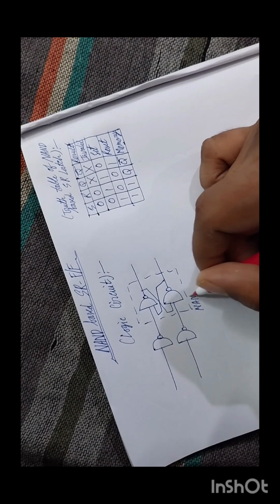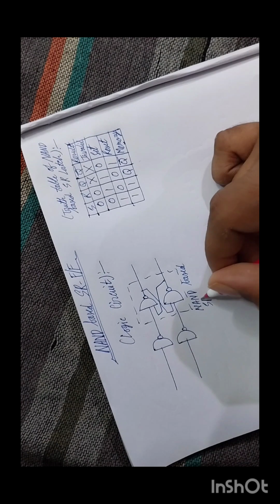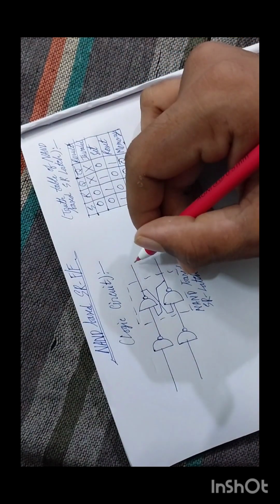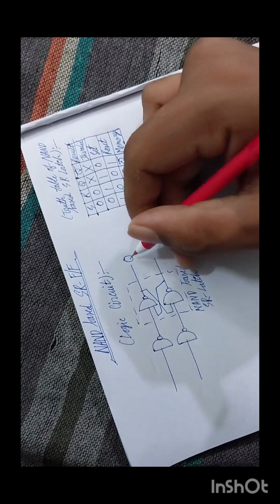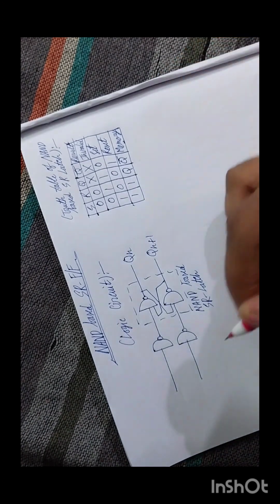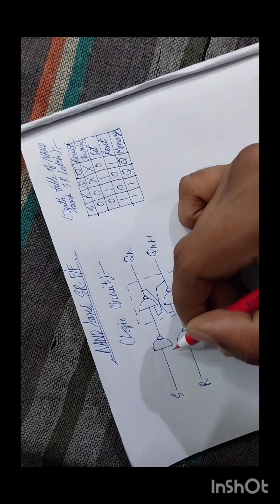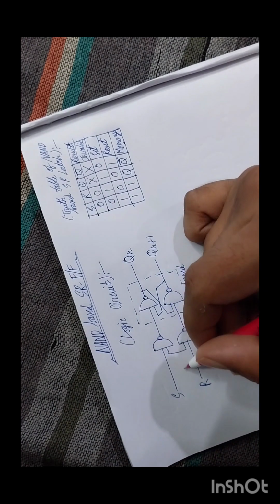NAND based SR latch, and we are naming the two outputs as Qn and Qn plus 1. Okay, and this is S R, and we have to put a clock here.